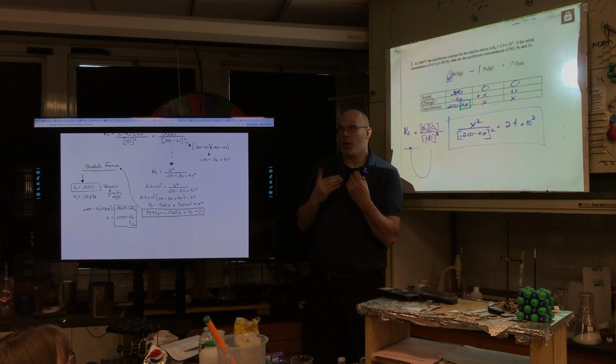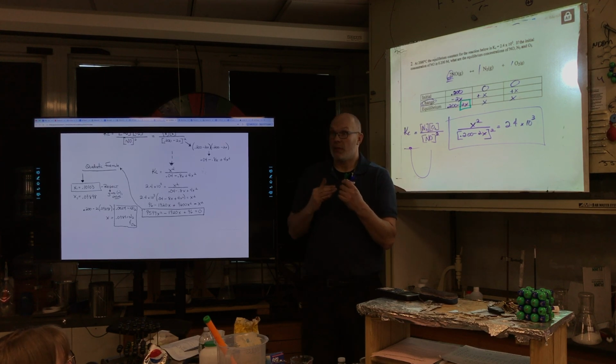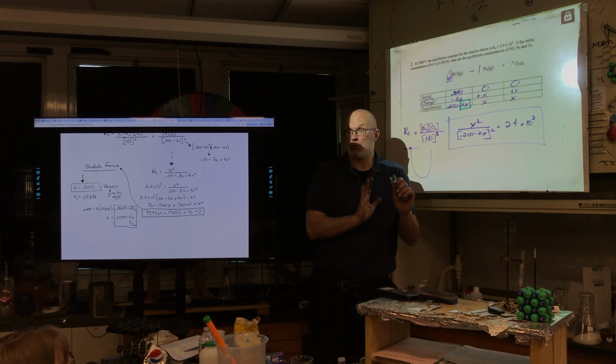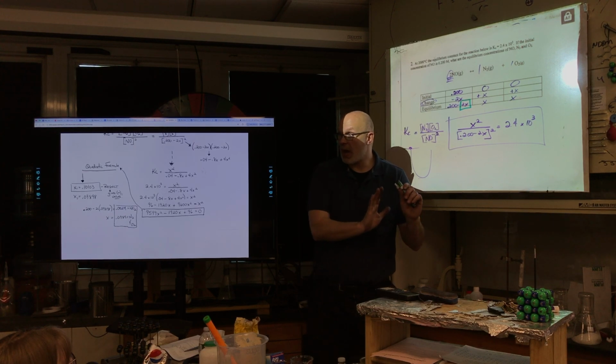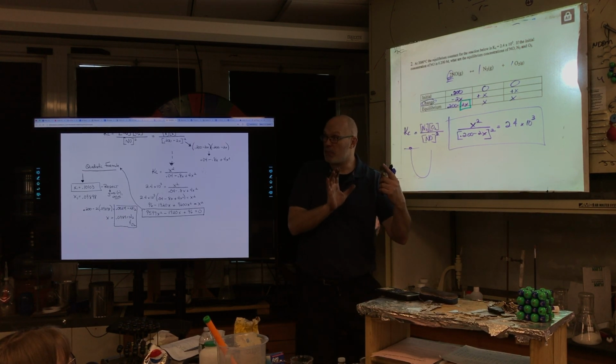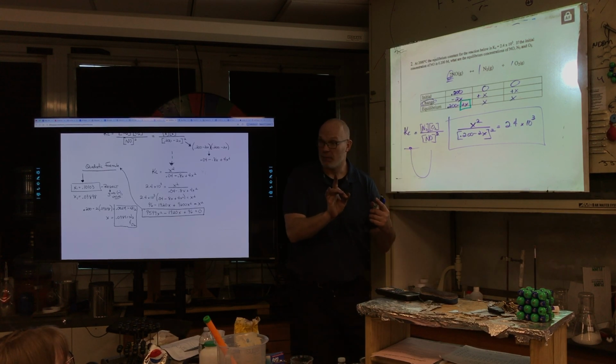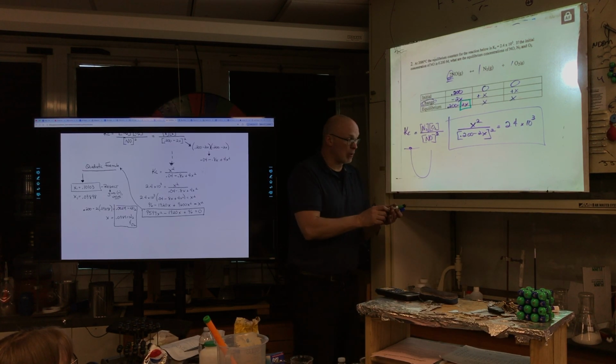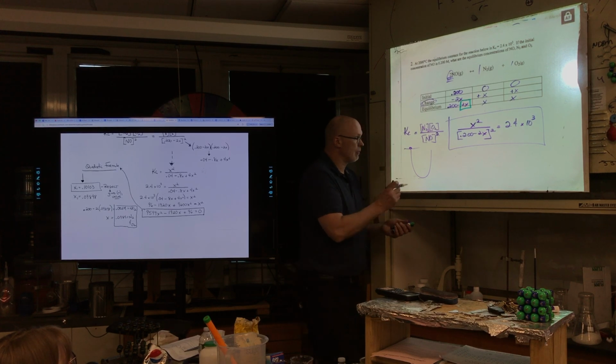We deal with equilibrium problems where the K's are extremely small, either weak acids or solids like today that barely dissolve. Stay with me. If the K's are really tiny, look at my U diagram.